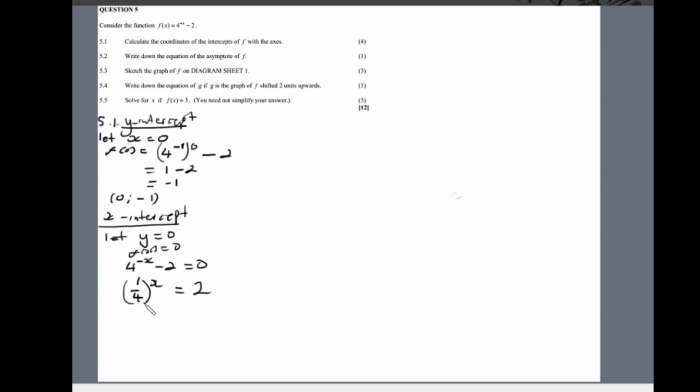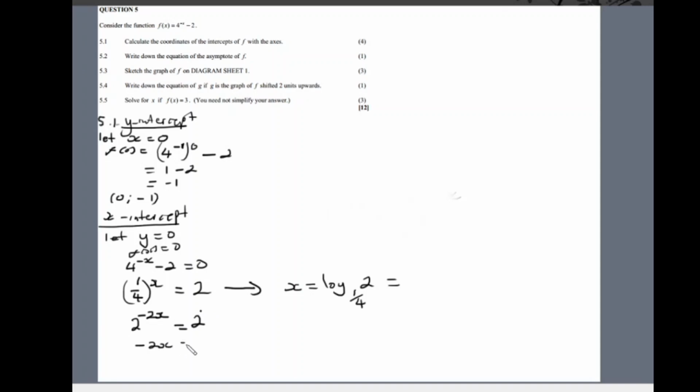And then now my aim is to make the bases the same, right? From this step you can straight away use the log function and say x is equals to log 1 over 4 of 2, and then you'll get your answer, right? But then I will use the laws of exponents. So here I will have 2 to the power minus 2x is equals to 2, and then minus 2x should be equals to 1 because the bases are the same.